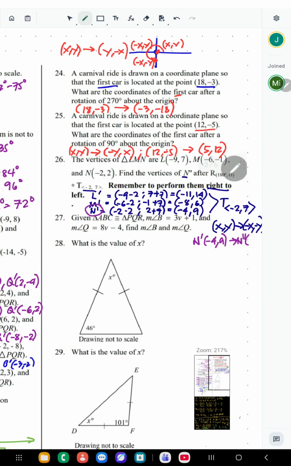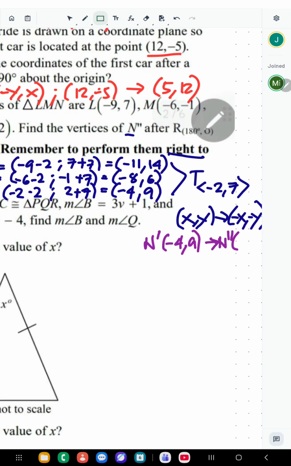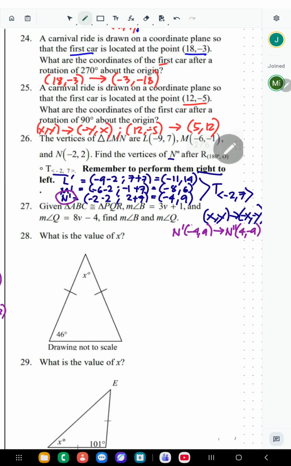Can you still see this? I will just write here. N prime negative 4, 9. So N double prime, after the rotation, would be 4, negative 9. So that is the answer now. The vertices of N double prime after rotation of 180 degrees about the origin, translation by negative 2, 7.